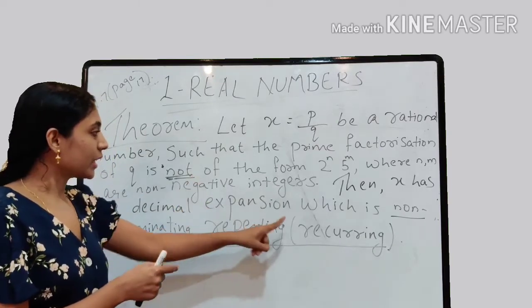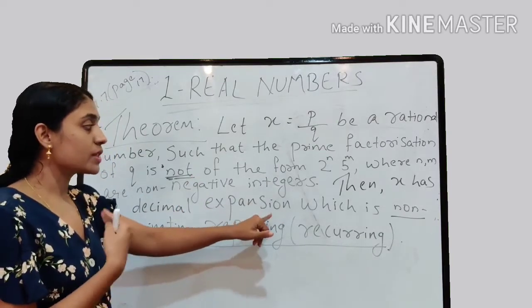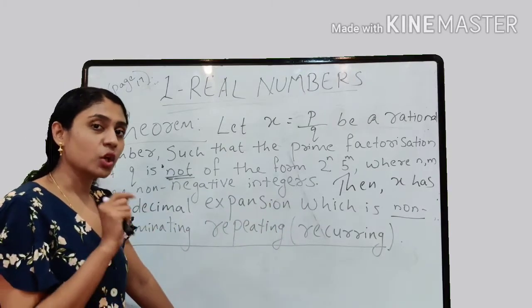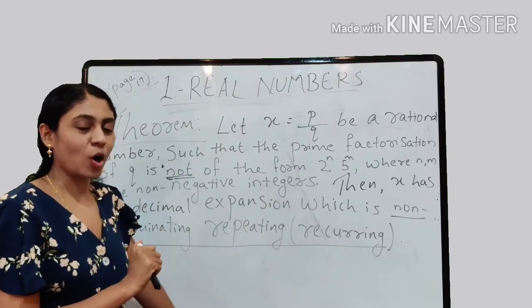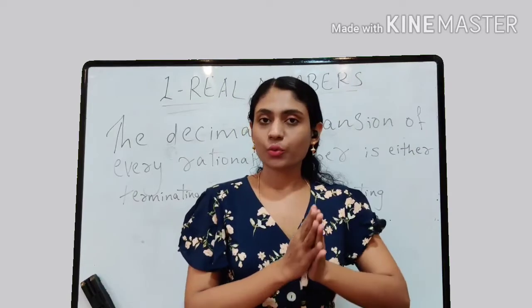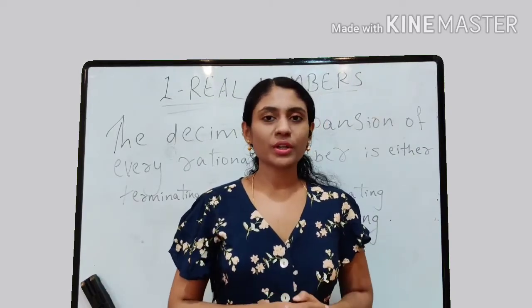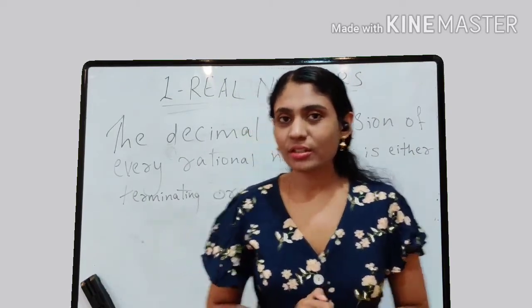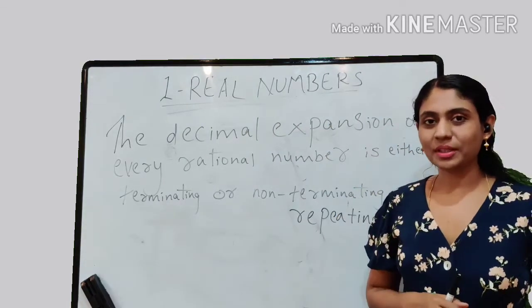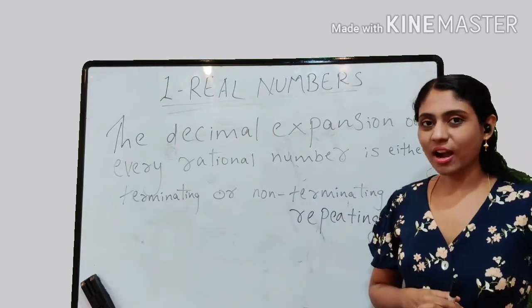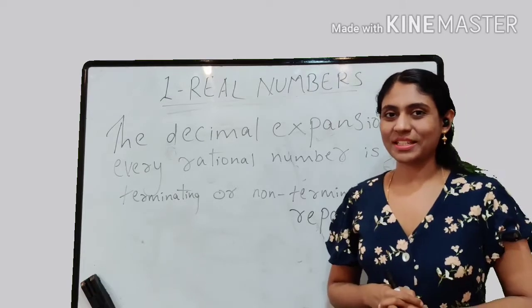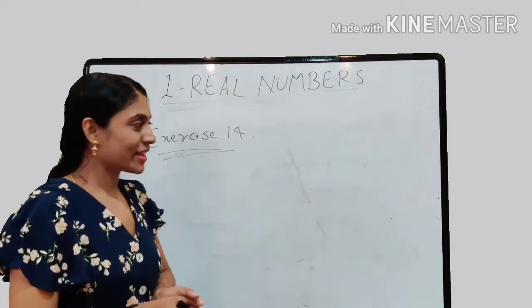And 1 theorem related to rational numbers whose decimal expansion is non-terminating repeating or recurring. So from today's class, what we can conclude, friends, is that the decimal expansion of every rational number is either terminating or non-terminating repeating. So that's all for today's class.